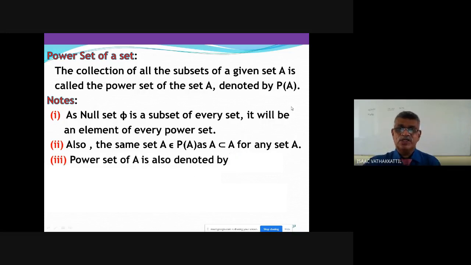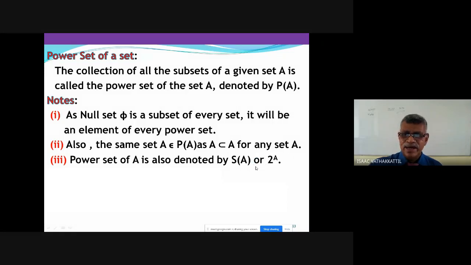Power set of A, as I told, is also denoted by S of A. P of A is very good, no problem. But in some cases, P of A may cause some confusion, as it may be used for probability also. But anyway, we are not concerned about that. Anyway, that will be clarified when you encounter it.